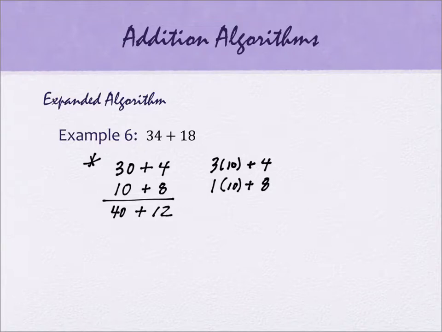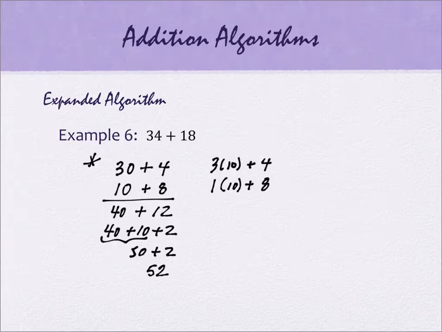I'm not. But I can write it that way, and then I can break apart the 12 again into 10 and 2. And then these two can be combined to give me 50. I'm writing a whole bunch of steps that you don't have to write all of them down. But this is how you would explain it, right? You're breaking things apart by place value. And that's called the expanded algorithm.